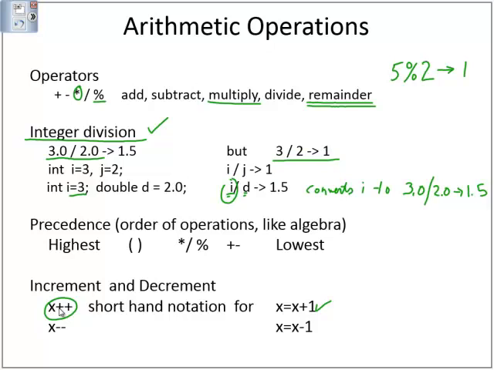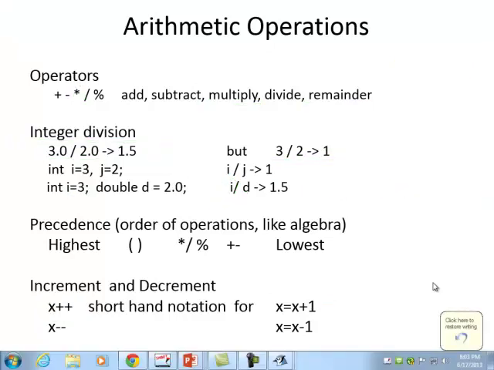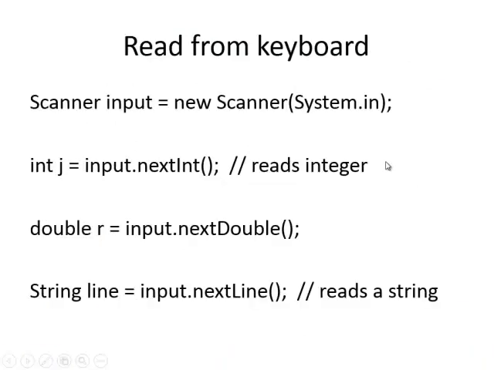To read from the keyboard, you can execute these commands in Java. So you have to create a variable. What this line of code is doing: this is the data type, and this is my variable name.